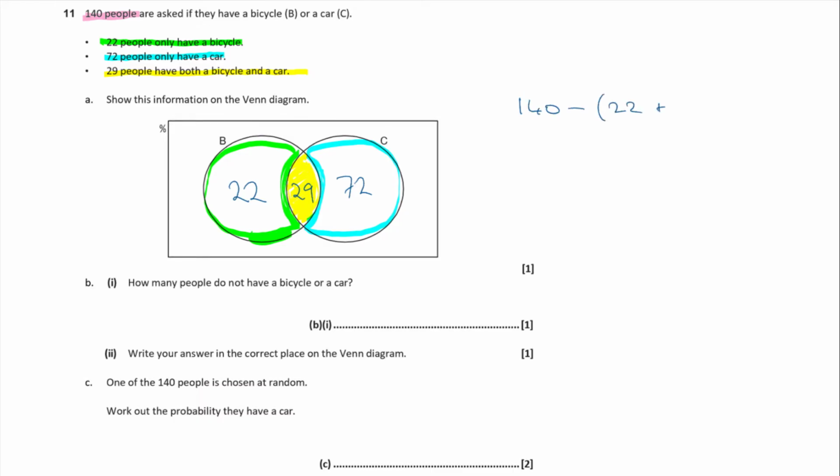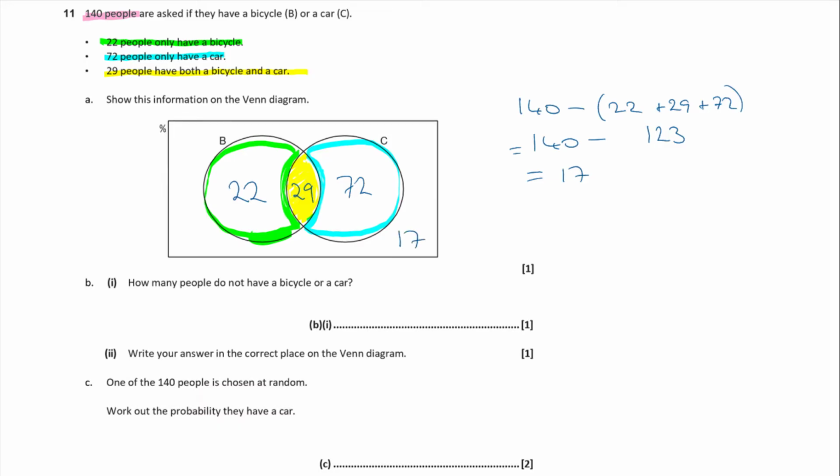So what is 22 plus 29 plus 72? 72 and 22, that's 94. Add on the 29, that's 123, I believe. So 140 minus 123 is equal to 17. So there are 17 people that have neither a bicycle nor a car.